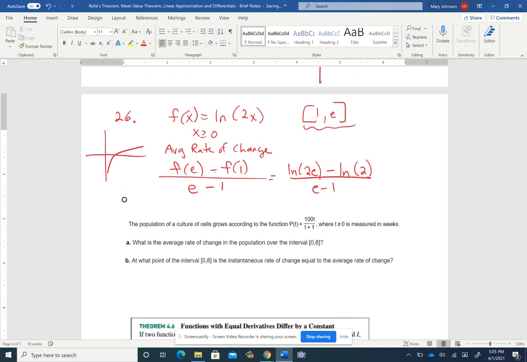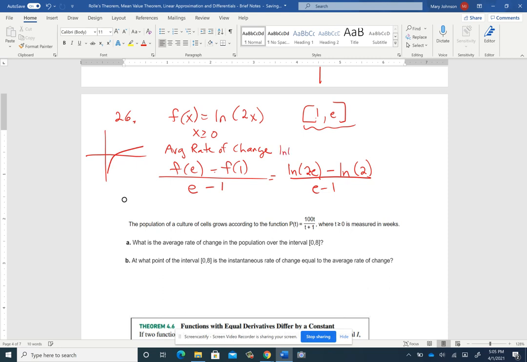Now, if you're not real familiar with ln, this can be a little tricky. One thing that might help you simplify a little bit is remembering those logarithmic rules that helped us when we were doing logarithmic differentiation.